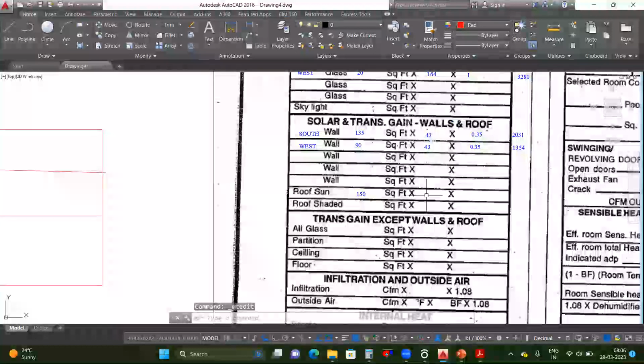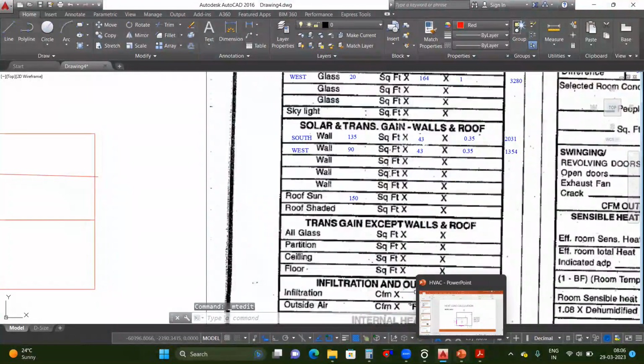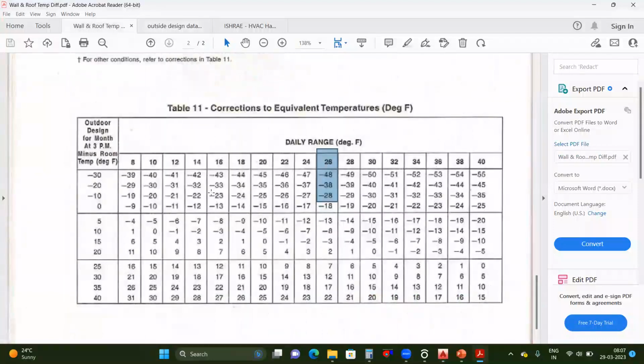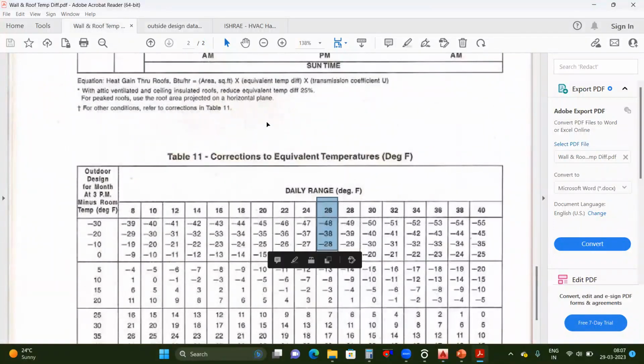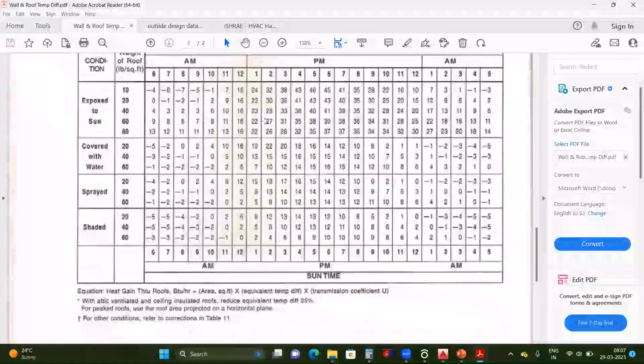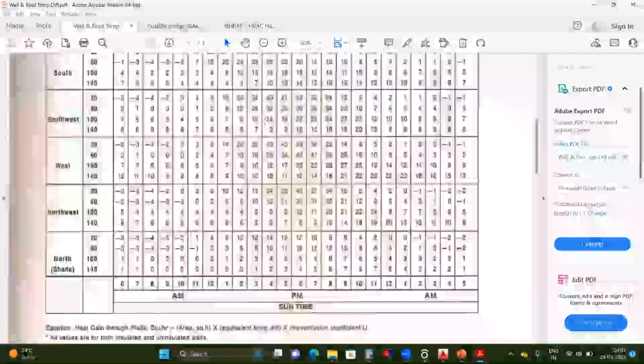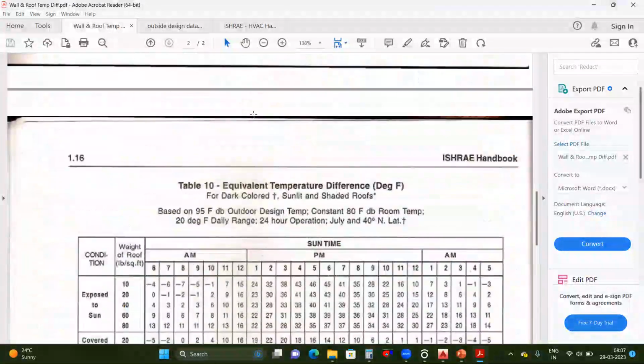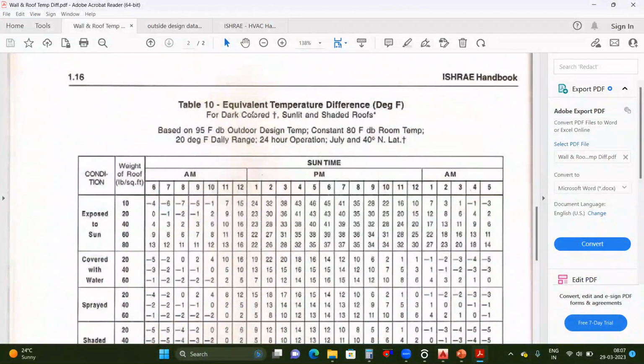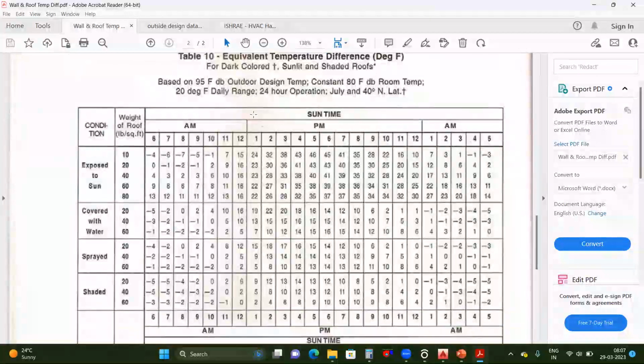Okay, next we need to take the delta T value. For this we need to go to the data book. In table 9, table 10, this is for the roof values. The condition is exposed to sun, covered with water or sprayed or shaded. It is exposed to sun, so we will select this value.